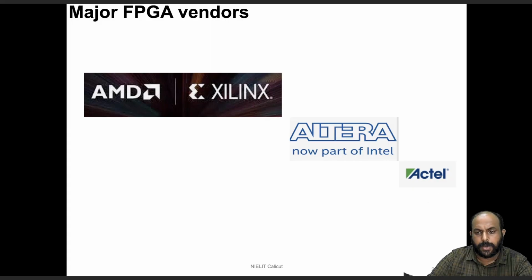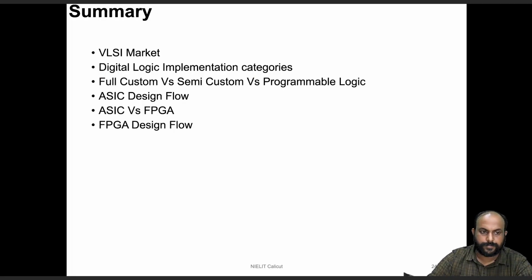The next bigger company is Altera, and Altera is now part of Intel. You can go to these two websites, Xilinx as well as Intel, along with other vendors like Actel, Lattice Semiconductor, Cypress Semiconductor, and so on. You will find plenty of resources related to FPGAs, their design flow, their design resources, and so on.